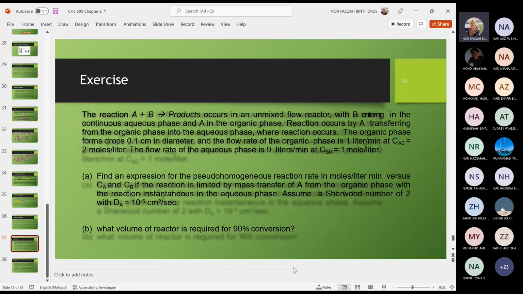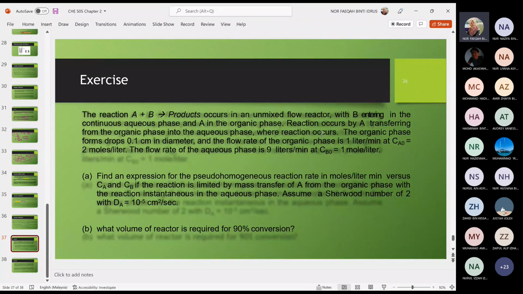Okay, now can you see this page? Another question. So this question is actually similar to the previous question, but it doesn't say whether bubbling or drops. The reaction A plus B equal to product occurs in an unmixed flow reactor with B entering in the continuous aqueous phase and A in the organic phase.